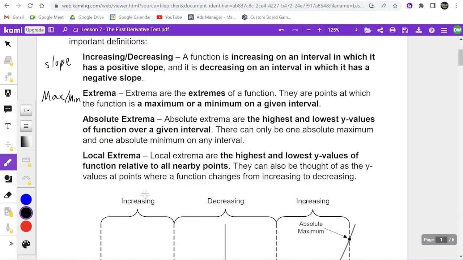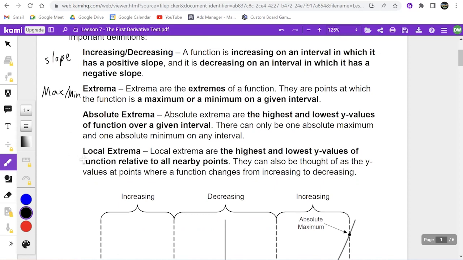Okay, next we have these two terms called absolute extrema and local extrema. Local extrema also has another word, relative extrema. I'll explain that later. But absolute extrema, this is the absolute maximum and minimum value over an interval. And when I say over an interval, I'm saying, for instance, from -5 to +5, or -100 to +52.